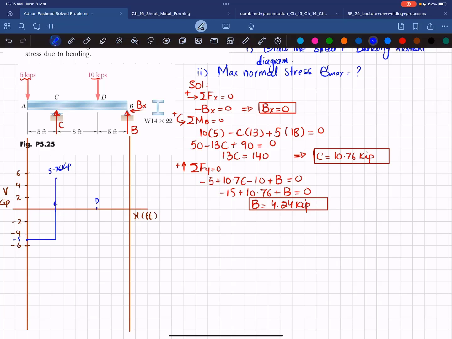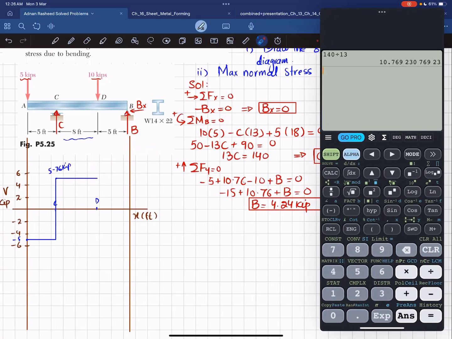Now moving from C to D, there is no other force, so it will remain horizontal till this point D. And at point D, you can see you have minus 10 kips load. So minus 5 plus 5.76 minus 10 will bring it to minus 4.24. Let me check it. 5.76 minus 10 is 4.24.